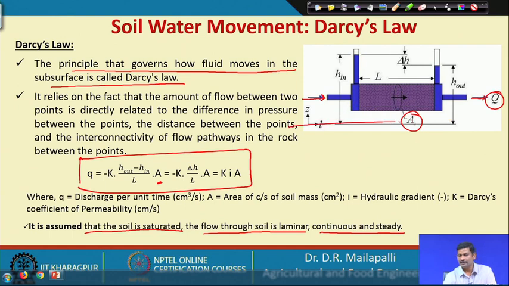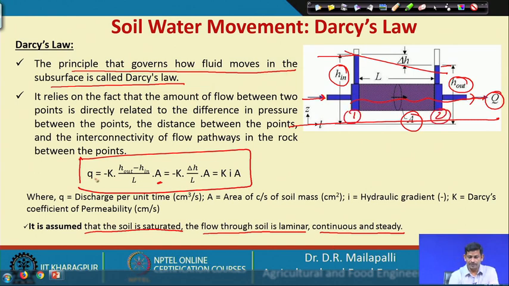This is the datum. From the datum you observe the water level at the inlet is H in, and the water level at the outlet is H out. The difference will be the pressure gradient, and that pressure gradient is what helps in moving the fluid from point 1 to point 2.